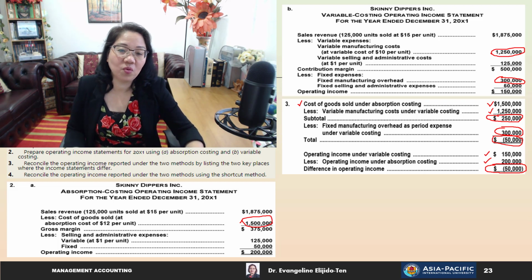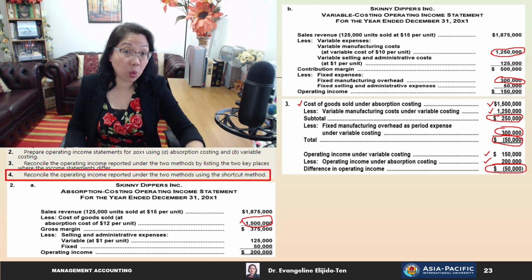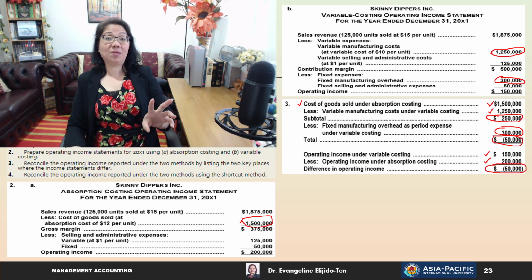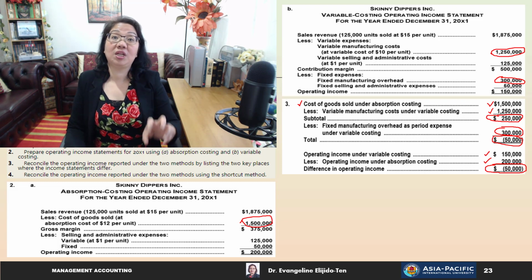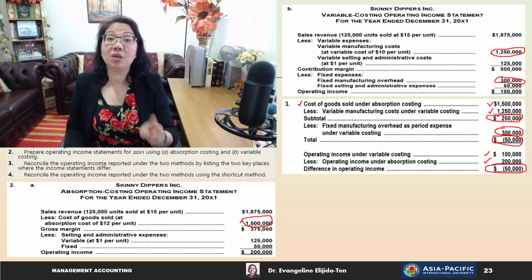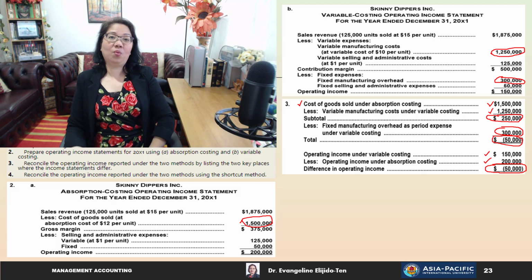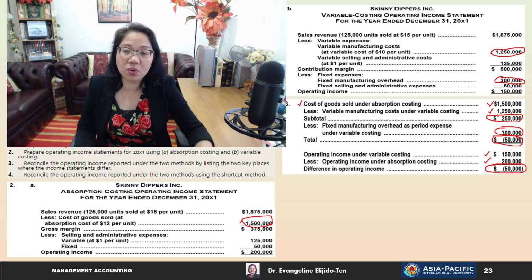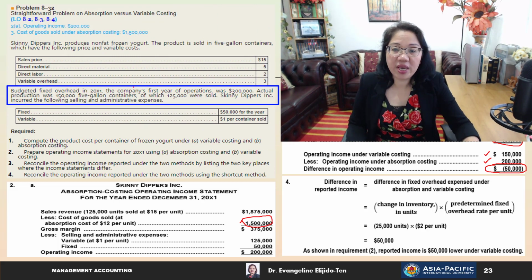What's requirement 4? It's asking us to reconcile the operating income reported under the two methods using the shortcut method. So when using the shortcut method, the formula is simply the change in inventory multiplied by the fixed overhead per unit. So notice here that we have produced 150,000 units and sold only 125,000.